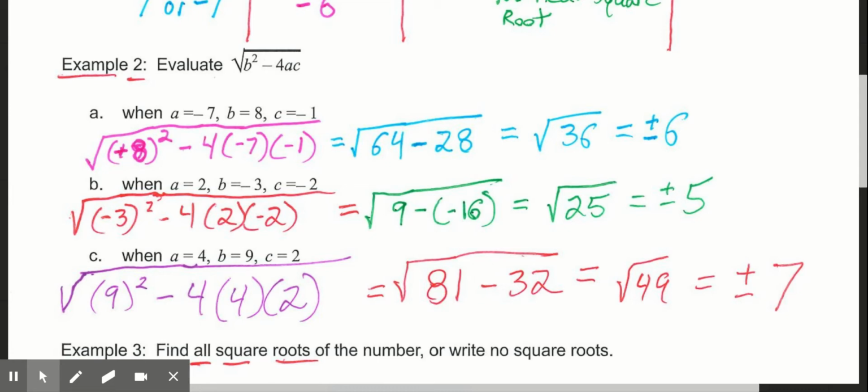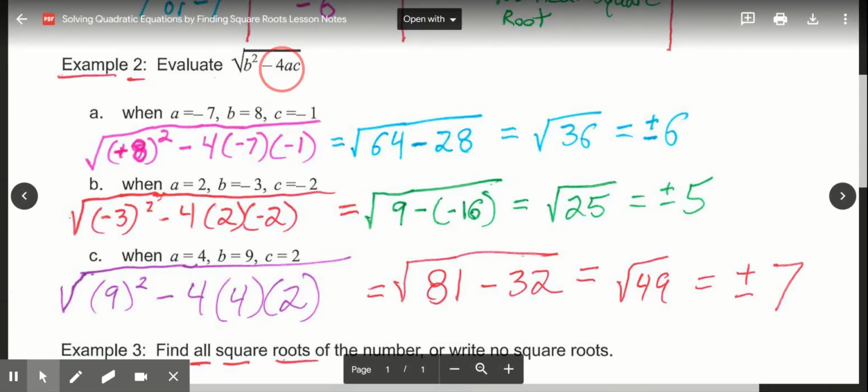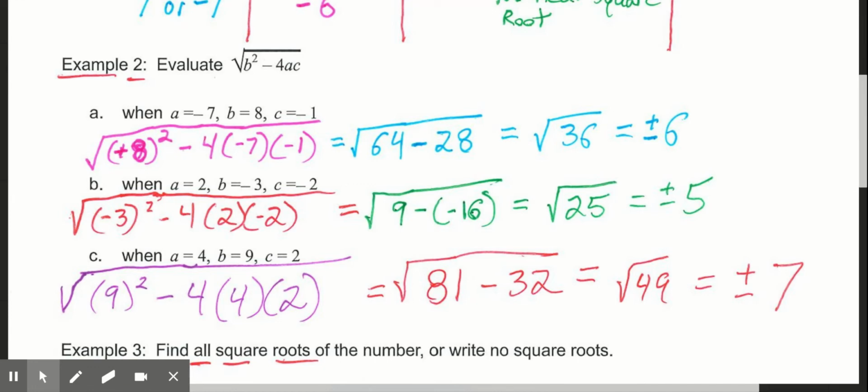We are going to take these three values and replace the variables, or letters, in the function. So the whole thing inside of our radical becomes, with b being a positive 8, positive 8 squared, minus 4 multiplied by a, which is negative 7, multiplied by c, which is negative 1.